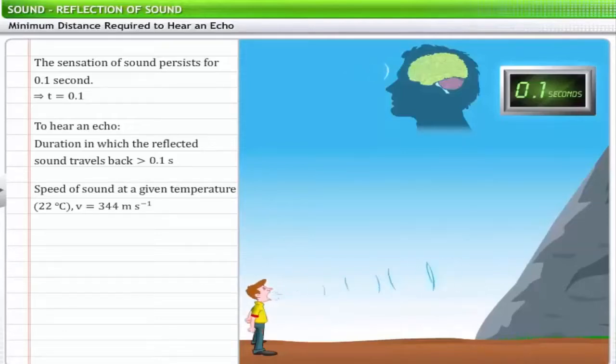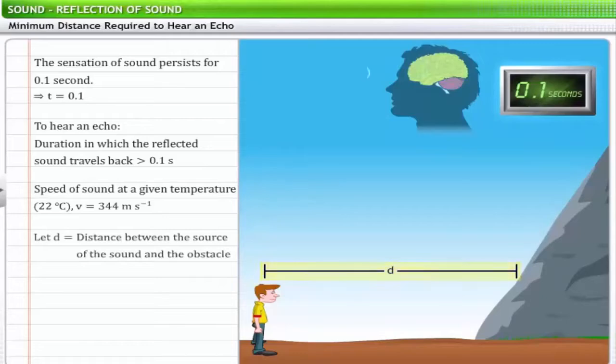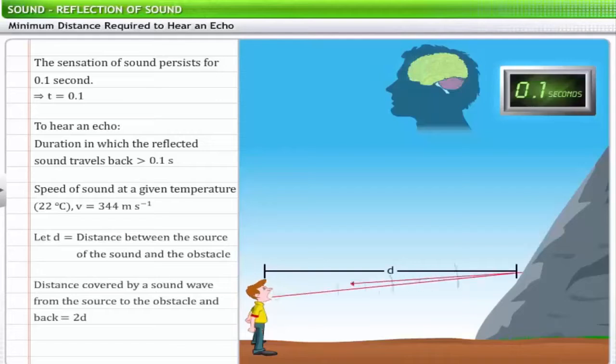Consider the echo produced by shouting on a cliff. Let d be the distance between the source of sound, in this case, the man, and the obstacle, in this case, the cliff. The distance travelled by the sound wave from the source to the obstacle and back to the source is equal to 2d.